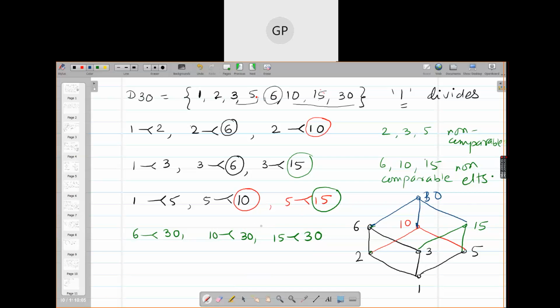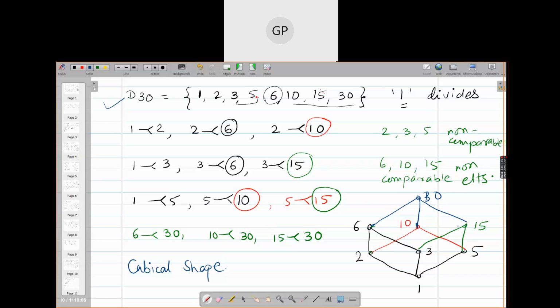So what is it? It is a cube, a cubical shape. Whenever you have 8 elements, it will be a cube. Do these lines intersect each other?